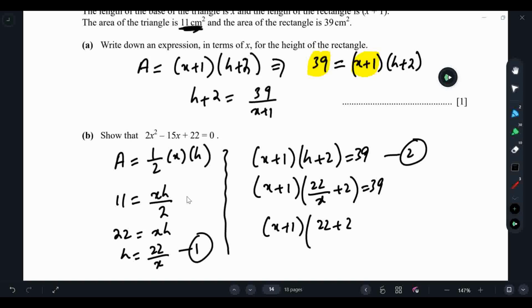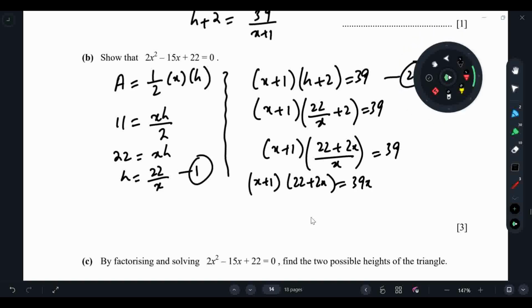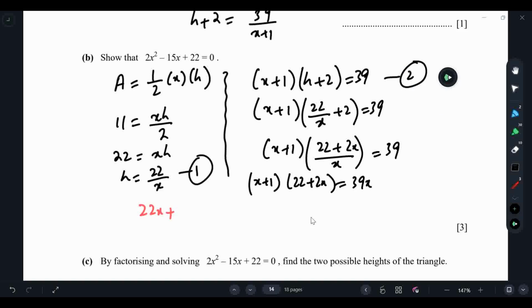If we take the LCM, we can write it as x plus 1 into 22 plus 2x is equal to 39x. Now from here onwards, what we need to do is 22x plus 2x square plus 22 plus 2x is equal to 39x.